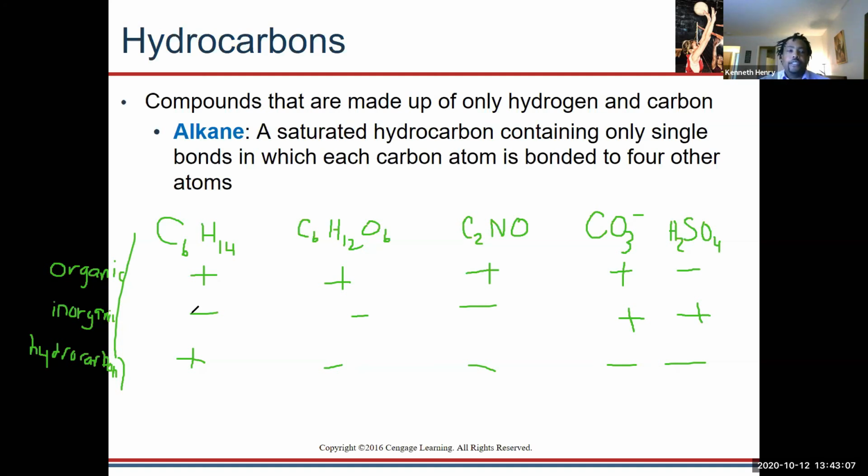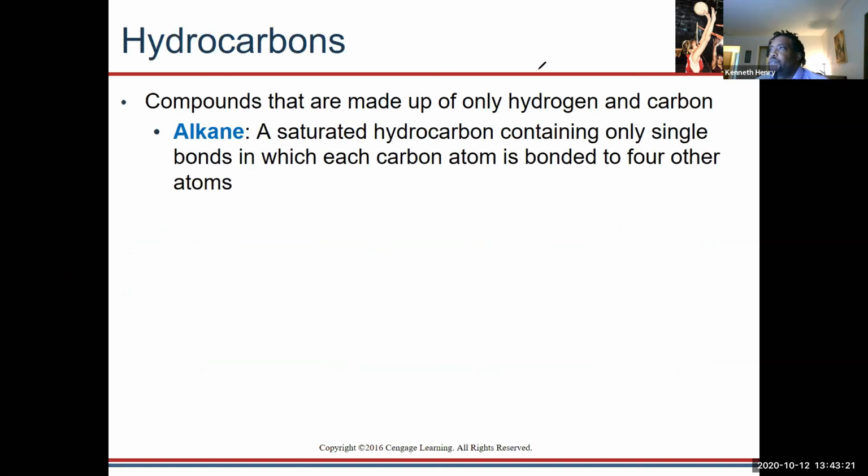Okay, good. So now let's talk about hydrocarbons, now that you guys know what a hydrocarbon is, right? The hydrocarbon can be broken up into three families. The first family is called alkanes. Alkanes are hydrocarbons that only have single bonds.